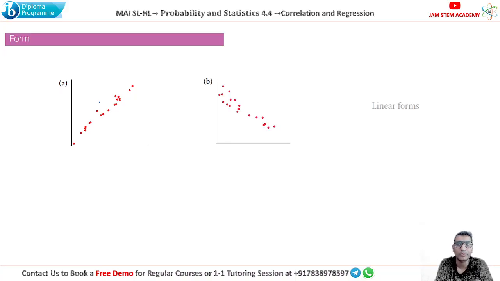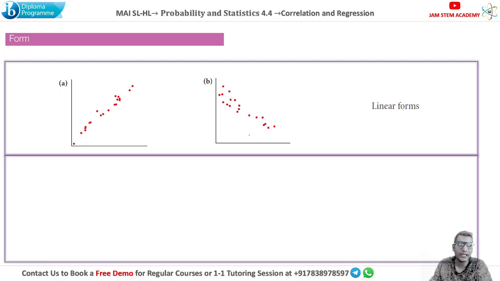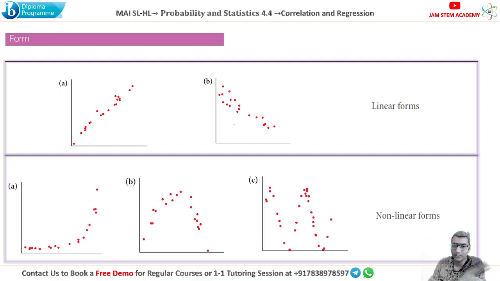There is one more possibility. It looks like this. These are called linear forms. Why? Because if you try to join these, it's almost a straight line. Sometimes you may end up getting a scatter diagram which looks like this or this or this. These are non-linear forms. For the IBDP MAI SL course, we have only linear models, but for the HL part we have other models like quadratic, logarithmic and exponential.